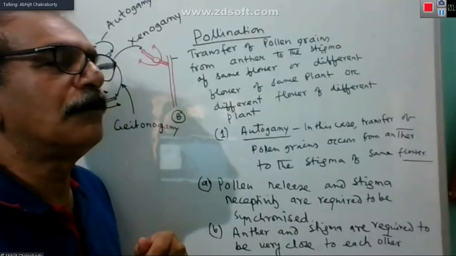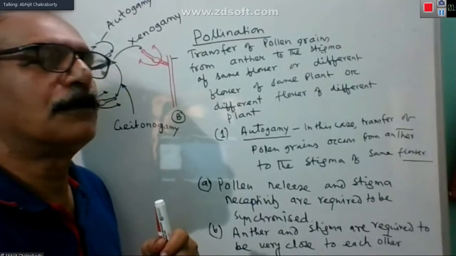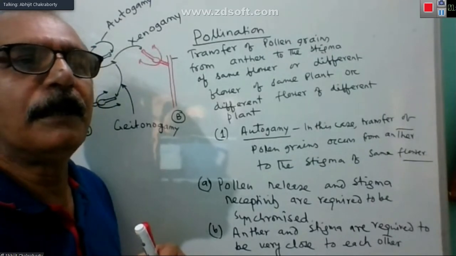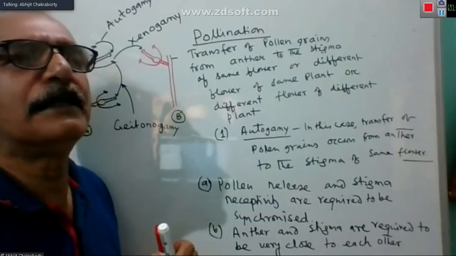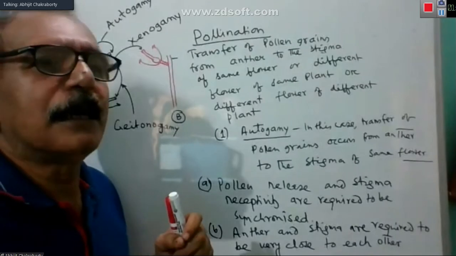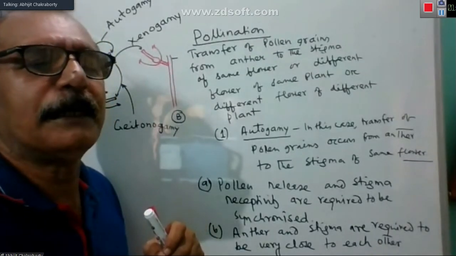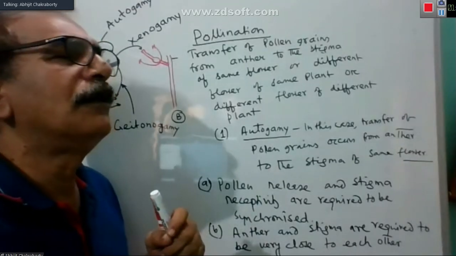Because actually, plants do not prefer autogamy, because continuous autogamy may lead to inbreeding depression. As you know, the same plant is involved in the production of seed continuously. So there is a chance of inbreeding depression, so that the efficiency, productivity of the plant may be decreased. That's why plants try to avoid this.